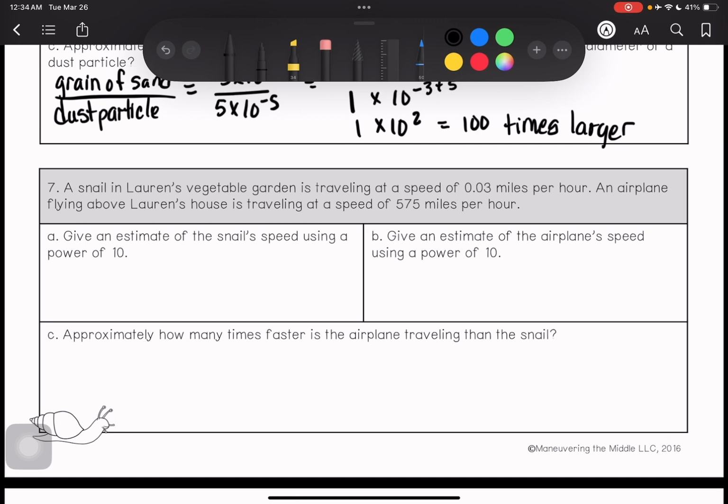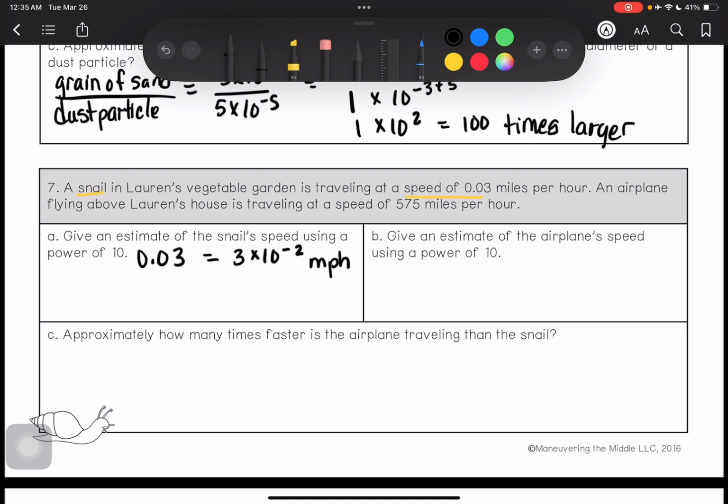So the snail speed is 300. In scientific notation, that's 3 times 10 to the negative 2, in miles per hour.